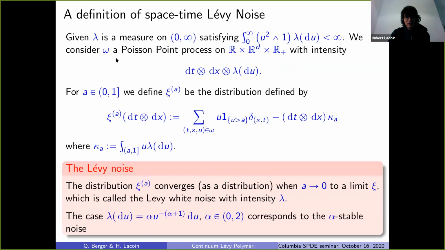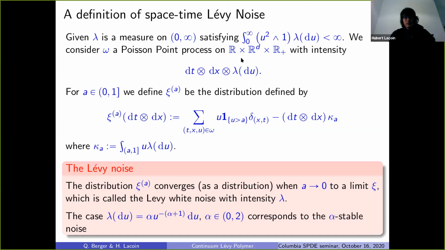I want to define a Levy noise with intensity lambda on R times R^D. I give myself a measure lambda on R plus, such that 1 is integrable at infinity and u squared is integrable at 0.